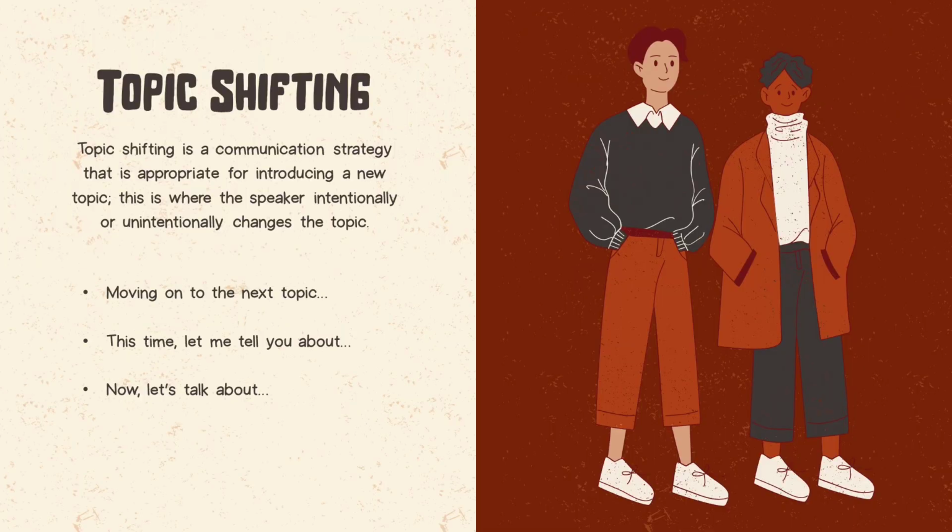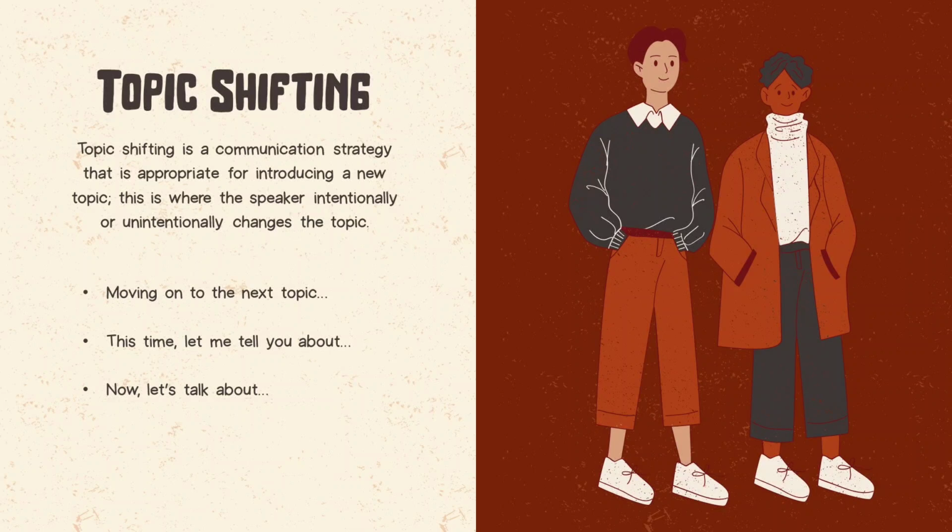Fifth, topic shifting. It is a communication strategy that is appropriate for introducing a new topic. Topic shifting requires good timing and also conversational transitions that indicate a shift, like moving on, in addition, by the way, before I forget, which reminds me of, and the like.